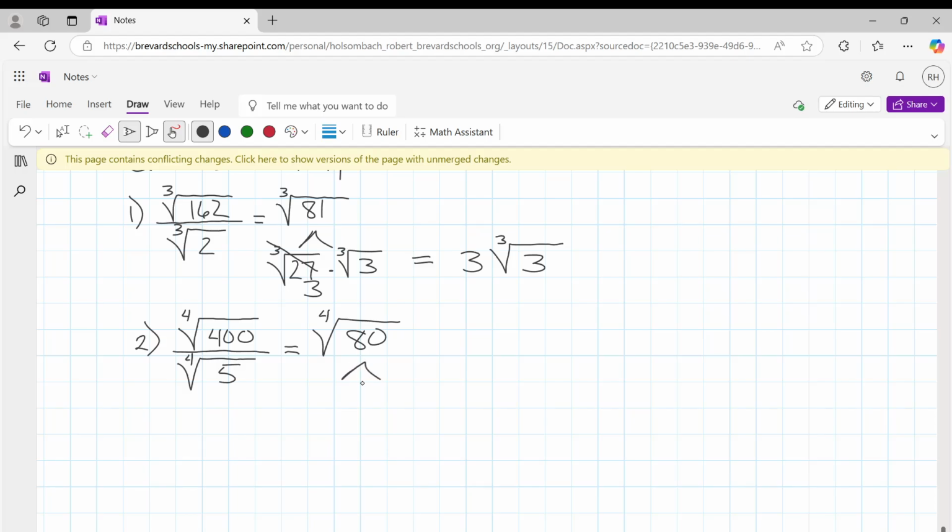So when we break this 80 down, 80 is equal to the fourth root of 16 times the fourth root of 5. The fourth root of 16, or 16, is a perfect fourth. So this simplifies to 2. So we're left with 2 times the fourth root of 5.